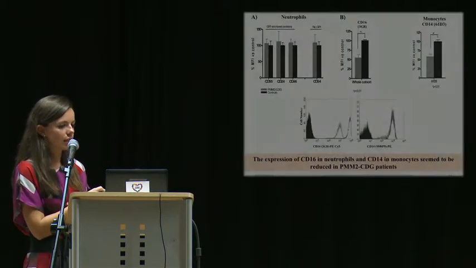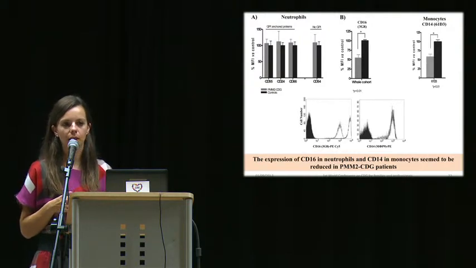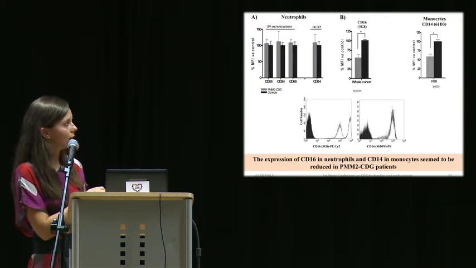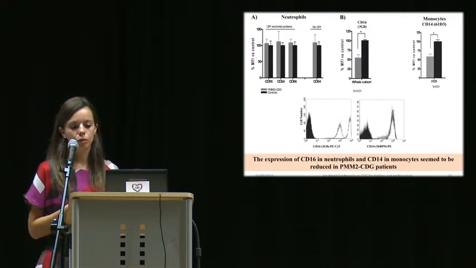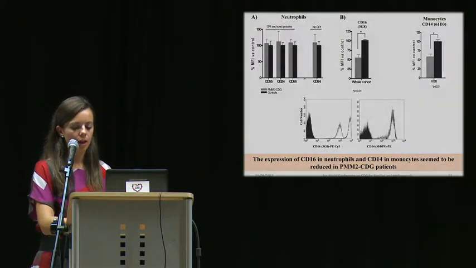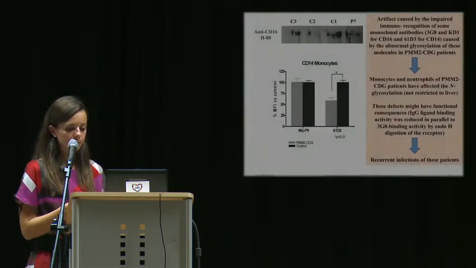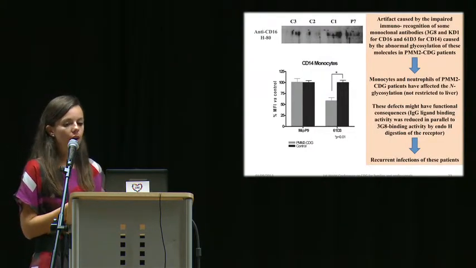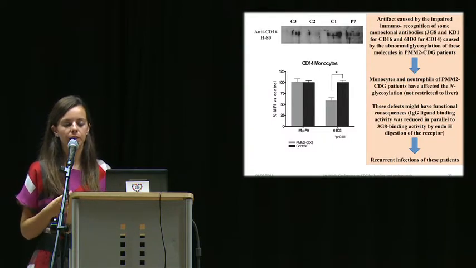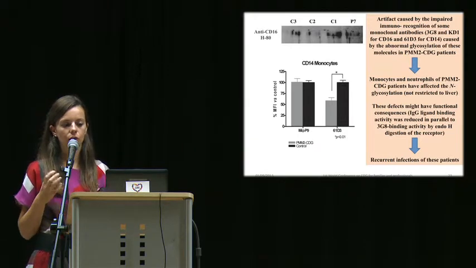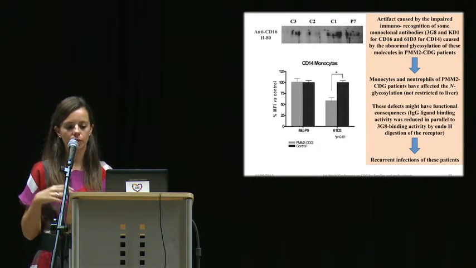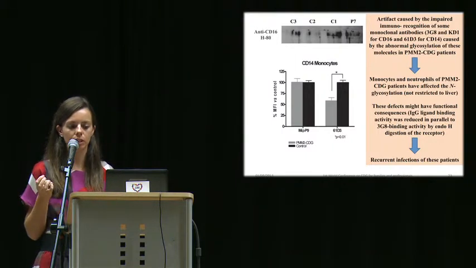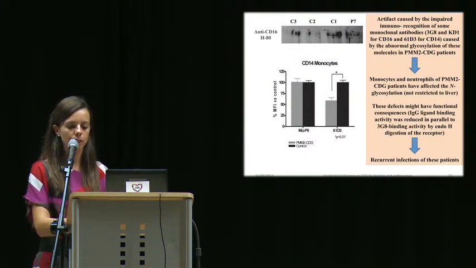We have found that CD16, which is a GPI protein in neutrophils, or CD14 in monocytes, seems to be reduced in these patients, and we have data that suggests that it is because of an impairment in the immunorecognition of some monoclonal antibodies, caused by the abnormal glycosylation of these molecules, CD16 or CD14, in PMM2-CDG patients.